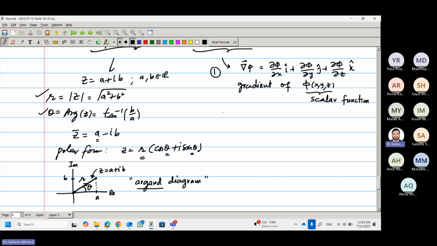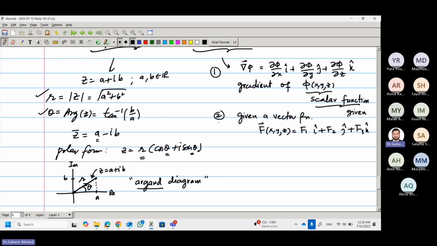Instead of that, if a vector function is given, let's say f(x, y, z), it means it has some f1 with i, plus f2 with j, plus f3 with k.